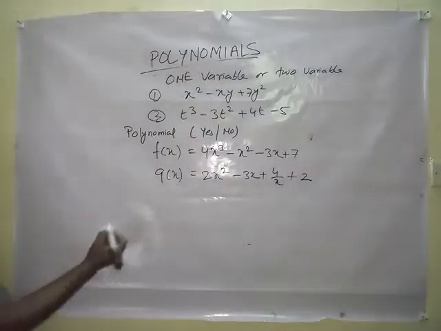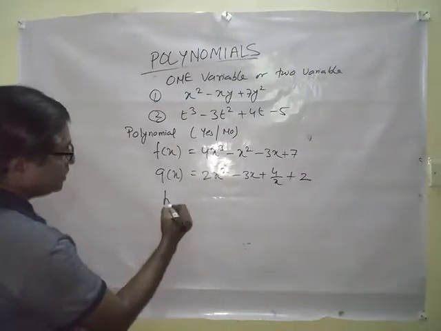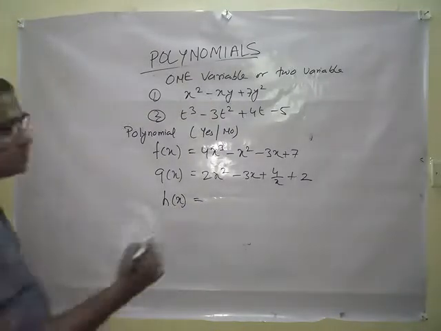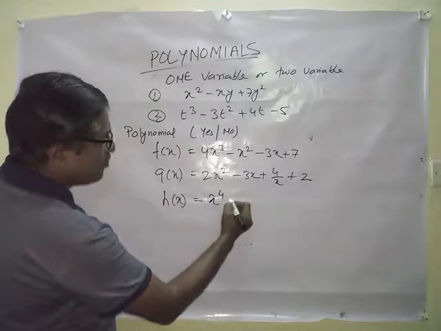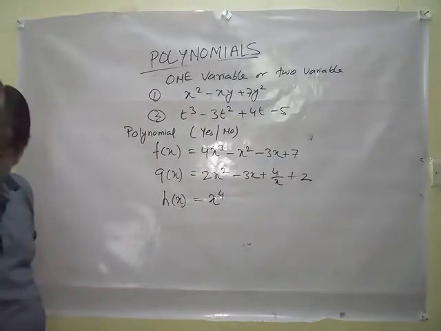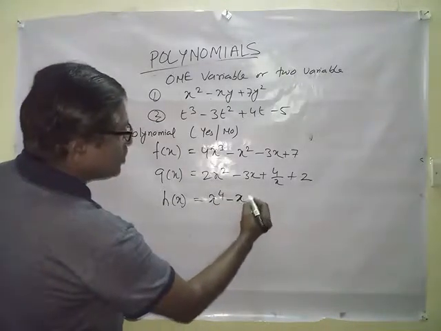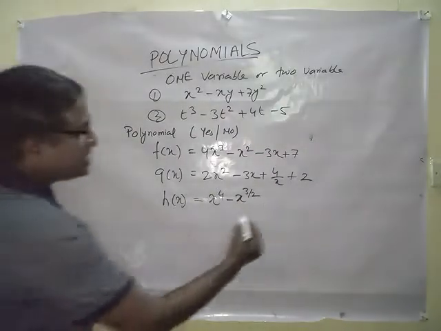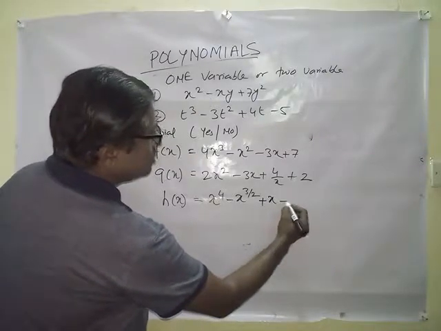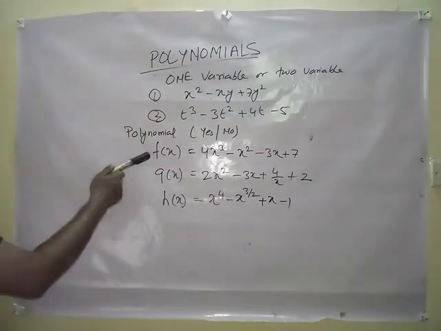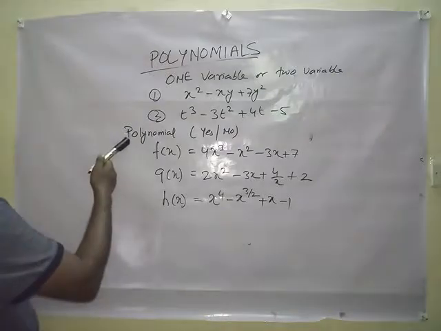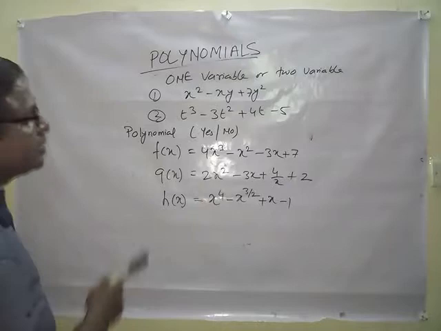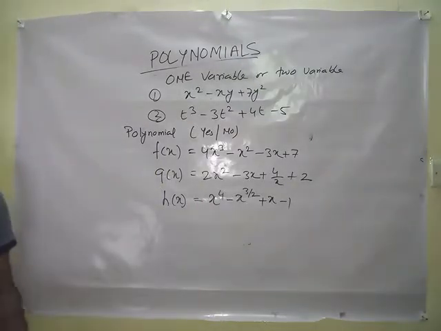Third, h(x) equal to x raised to power 4 minus x raised to power 3 by 2 plus x minus 1. So in these three equations you have to tell me whether it is a polynomial, yes or no, and find it out. I am giving you some examples here.